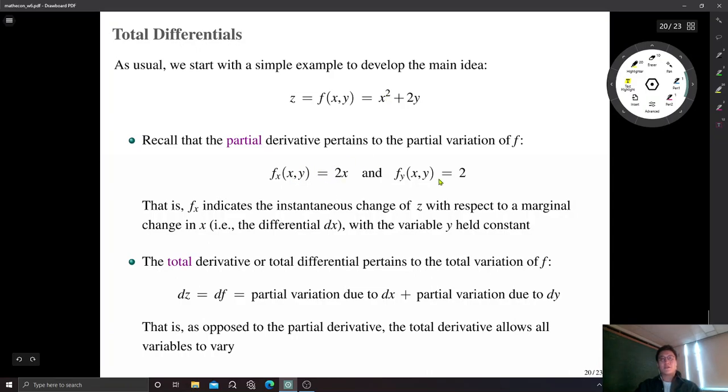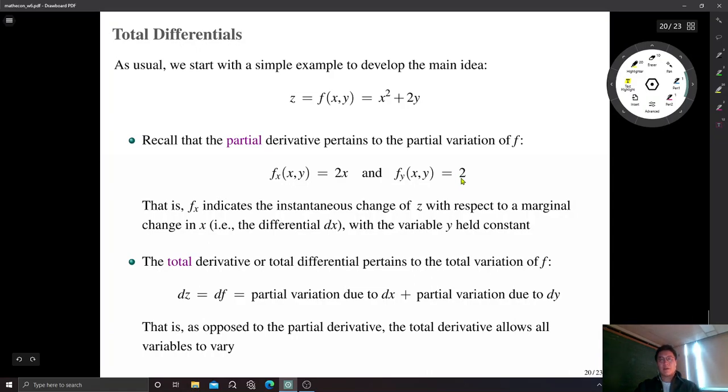But these two partial derivatives pertain to a partial variation of the function. So for instance, f sub x indicates the instantaneous rate of change of z with respect to a marginal change in x, or differential dx, with the variable y held constant. So 2x can be thought of as the linear approximation of the function's partial variation when just x changes, okay?